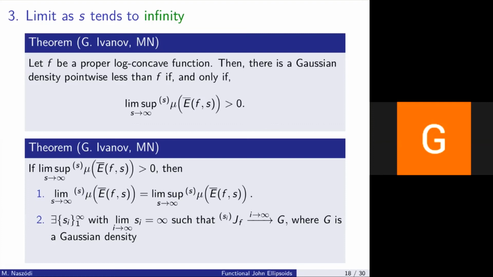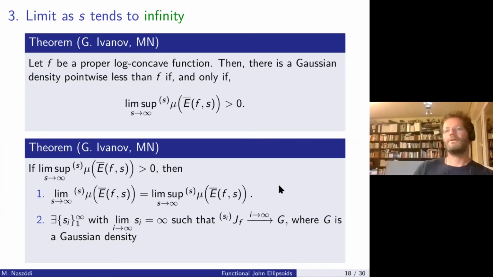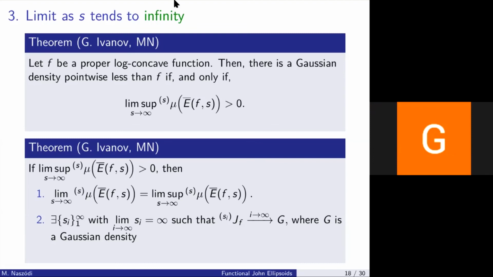Another point is that if we consider the dual problem, when we want to cover a function by Gaussians, and we write a similar characterization, then in this case the solution will be unique. This is extremely weird.